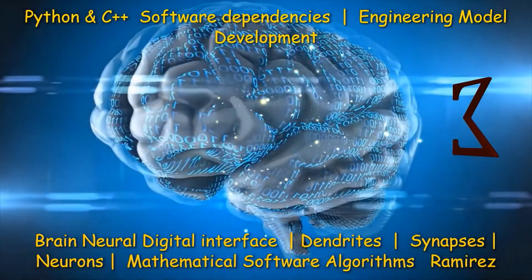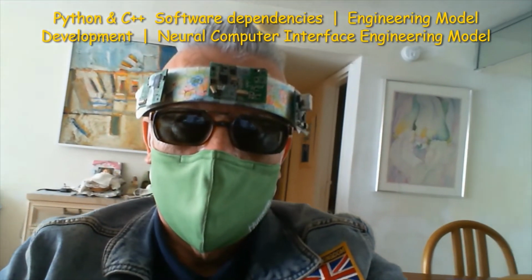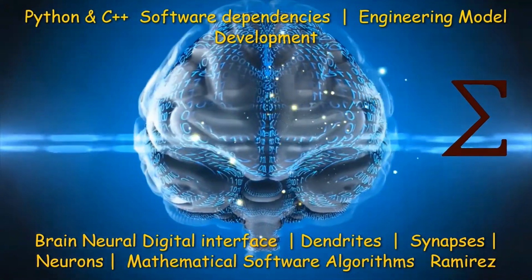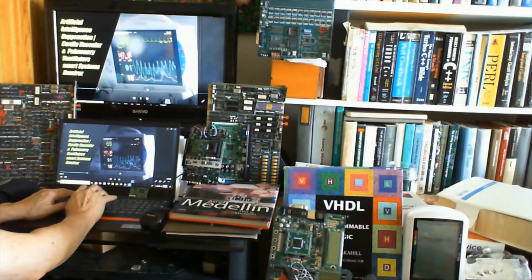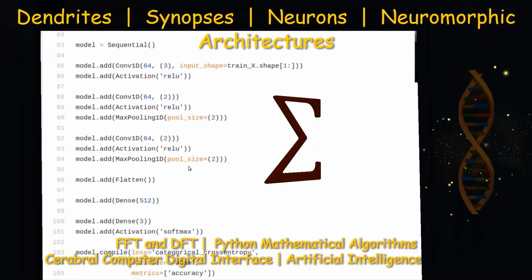This exploits the spectral information by focusing on frequency bands of mu, 8 to 12 Hz, and beta, 16 to 24 Hz.